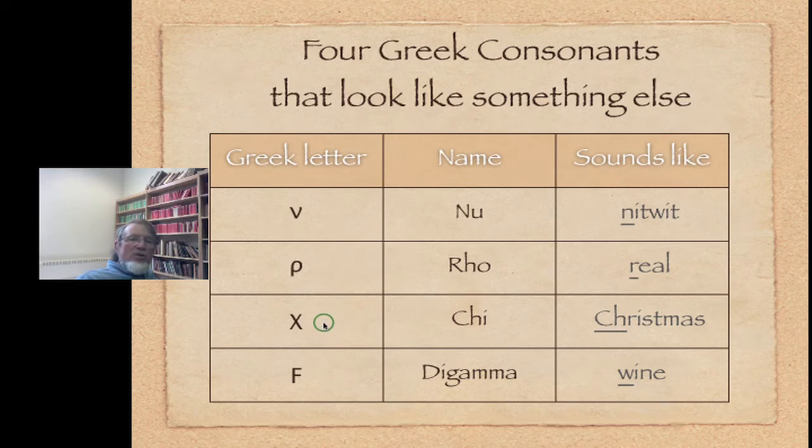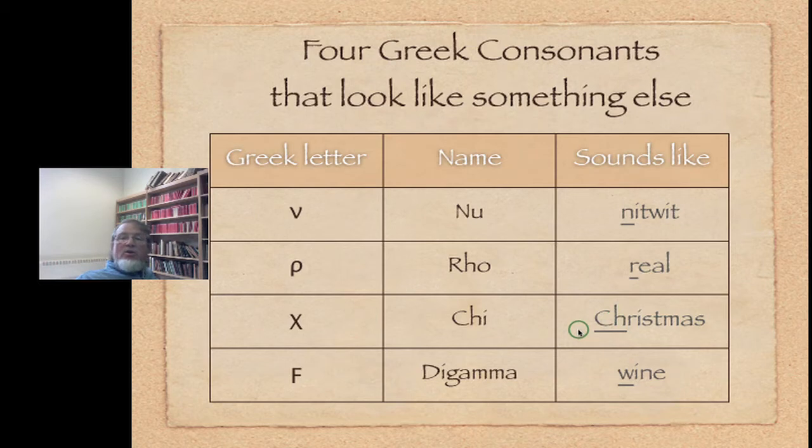This thing that looks like an X is really a sound like KH. It's a K sound that lets some air out afterwards. So it's something like kh, kh, kh. When this letter occurs in Greek words that are then imported into English as English words, it gets represented as a CH.